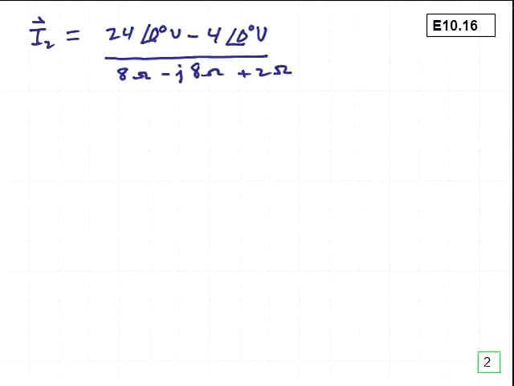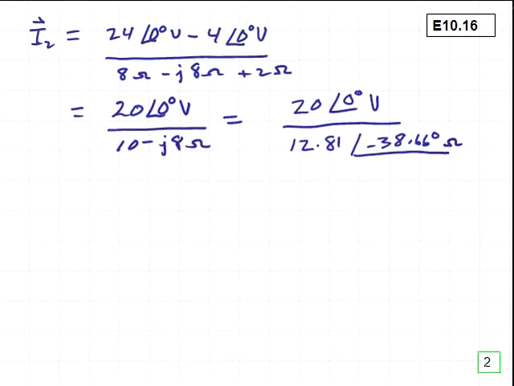This is equal to 20 at an angle of 0 degrees volts divided by 10 minus J8 ohms, which is equal to 20 at an angle of 0 degrees volts divided by 12.81 at an angle of minus 38.66 degrees ohms. And the value for the I2 phasor is equal to 1.562 at an angle of 38.66 degrees amperes.